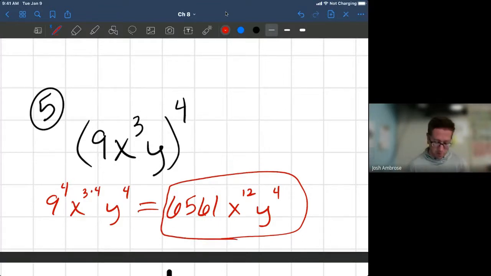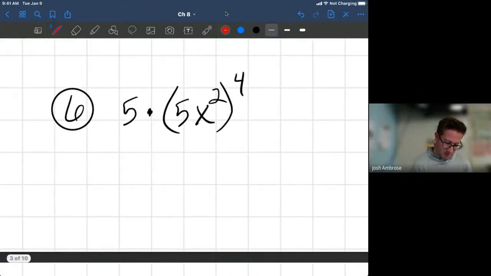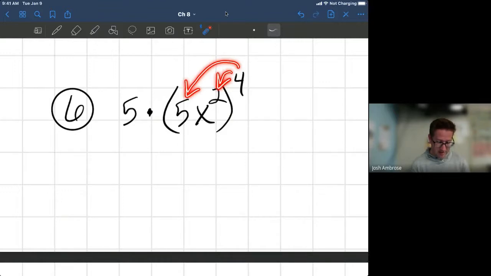And we got one more example problem to go. So again, you're going to see an expression right here. It's all in parentheses, so it's all together. This expression and the exponent on the outside means that we need to distribute this exponent to both parts, or all parts in the parentheses for that matter.